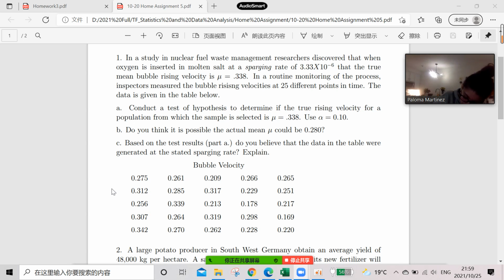Then there is an arbitrary number we want to test, to see if it could be the actual mean. In this case, that is mu equals 0.338. Could that be the actual mean of the population? Therefore, we should conduct a t-test.